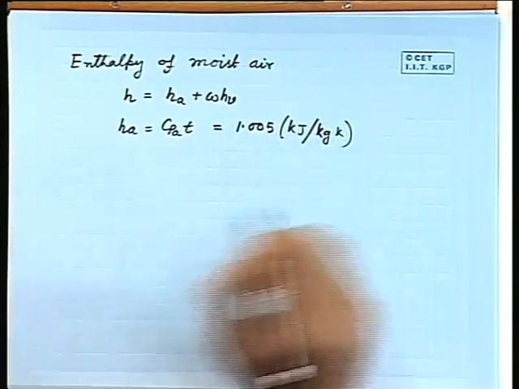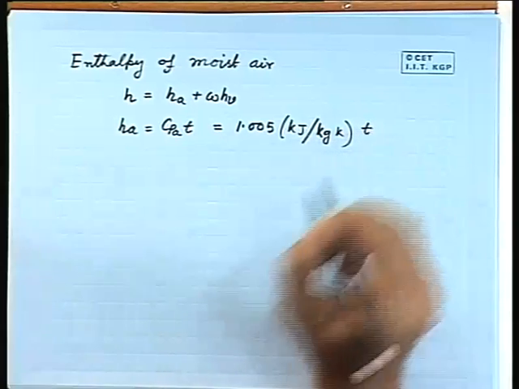This is the value of C_p multiplied by T.